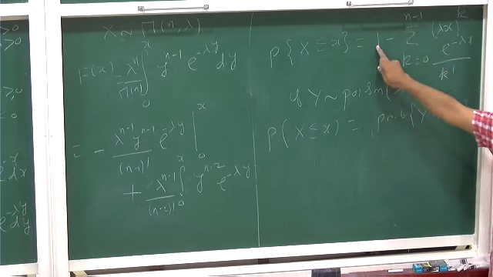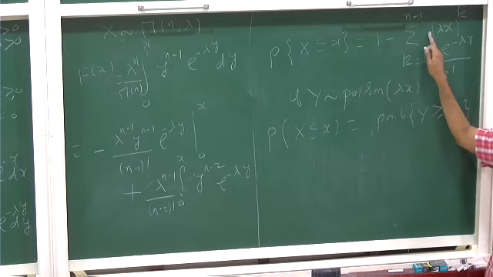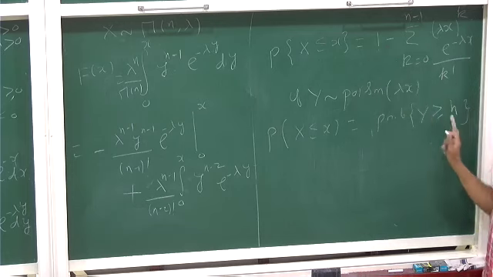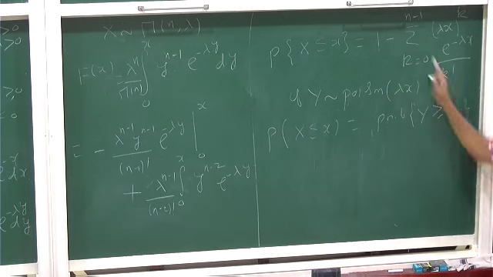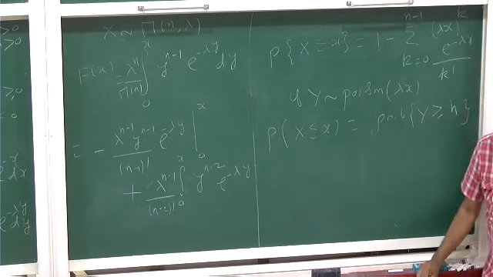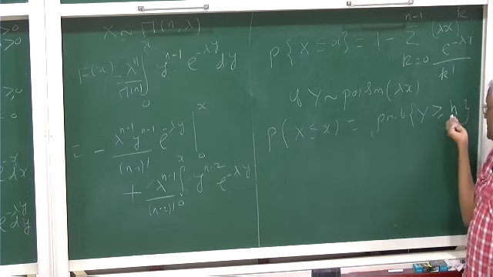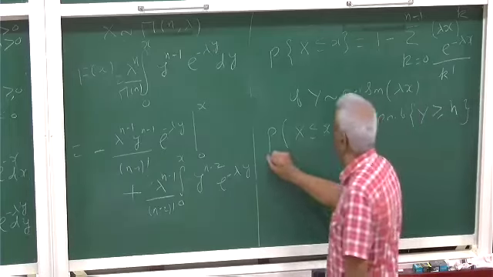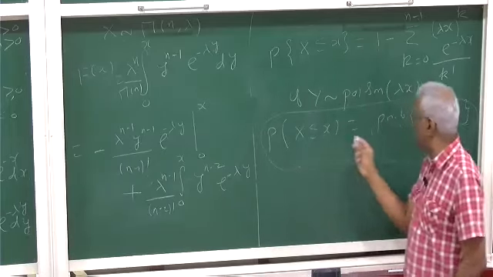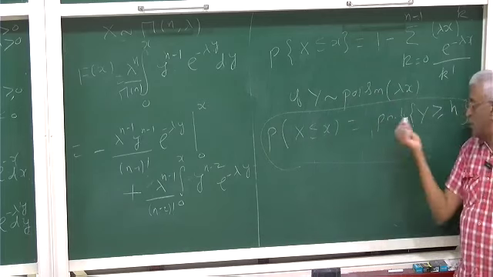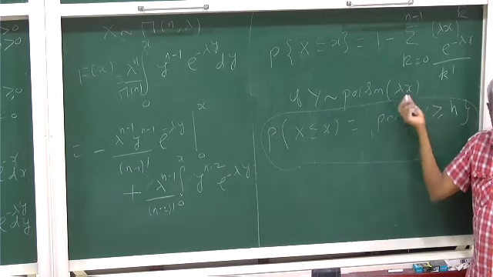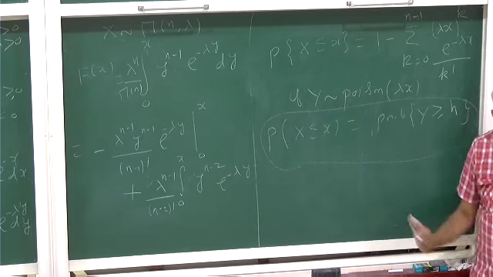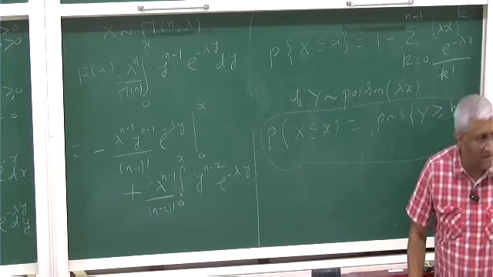If you subtract it from 1, it is the probability of Poisson random variable Y greater than or equal to n. That's why it stops at n minus 1. Of course, this depends on x, and here it depends on n. So X follows gamma distribution, and corresponding to x, Y follows Poisson with lambda x, then this is satisfied. It is just something we notice, we just record it here.